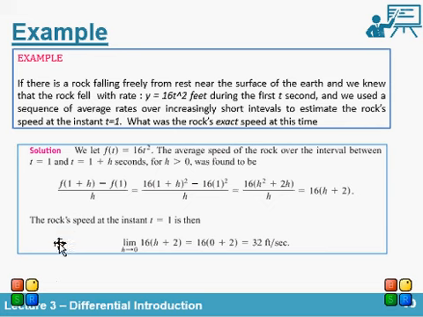Then the rock's speed at the instant t equals 1 is the limit as h goes to 0 of 16 times h plus 2, equal to 16. Then just input 0 to the h, and we get the speed equal to 32 feet per second.